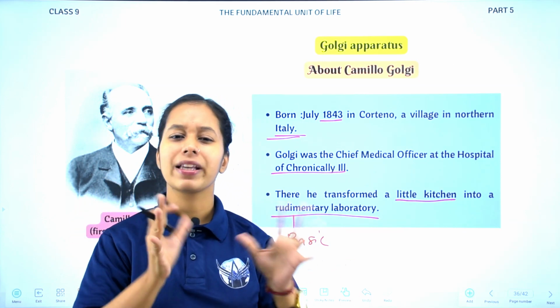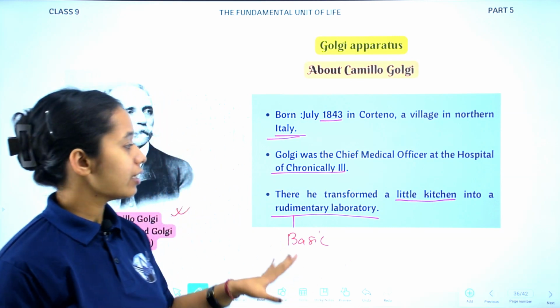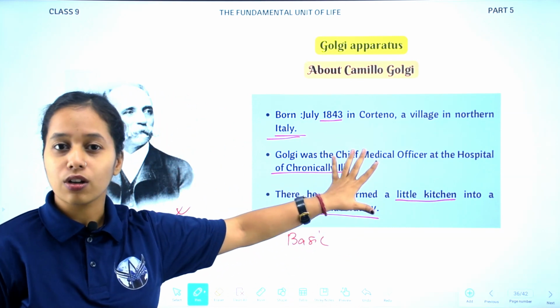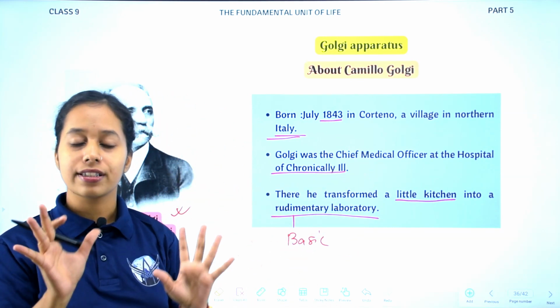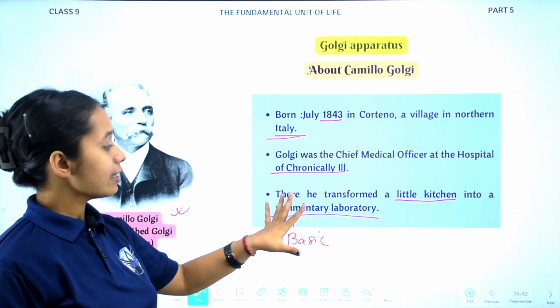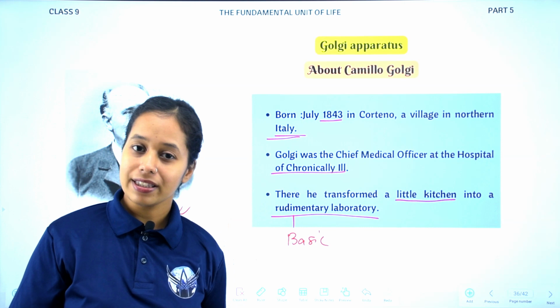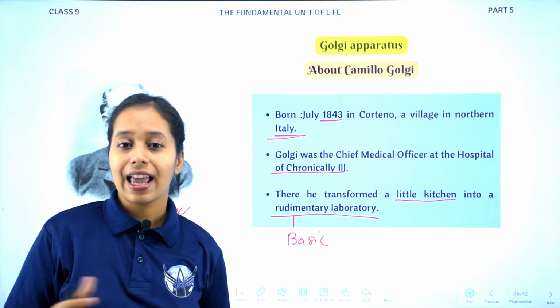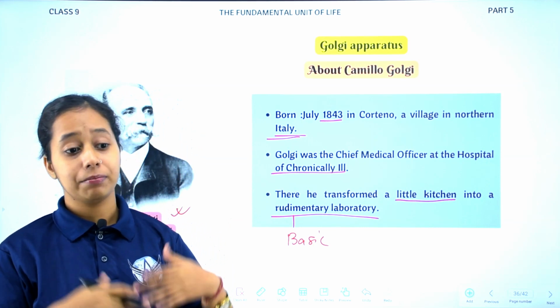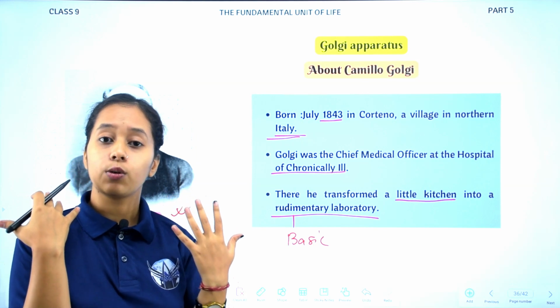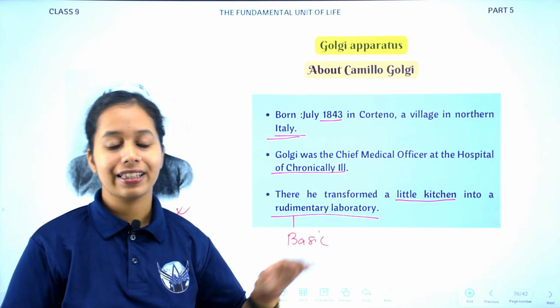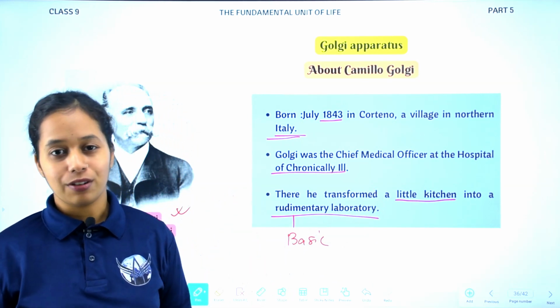It has only the basic facilities. So he converted a small kitchen of this hospital into his small personal rudimentary laboratory, and in this laboratory he performed various experiments and studies, and he devoted his life towards science in this little kitchen laboratory of his own.